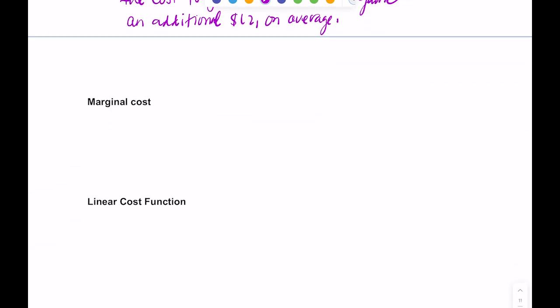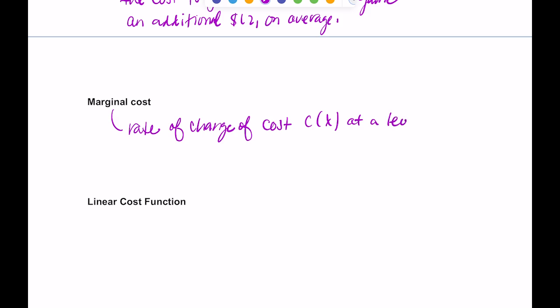We also have this term called marginal cost, and then, of course, a linear cost function. So two important terms here. Marginal cost is the rate of change of cost, where cost is C of x at a level of production x, and is equal to the slope of the cost function at x.